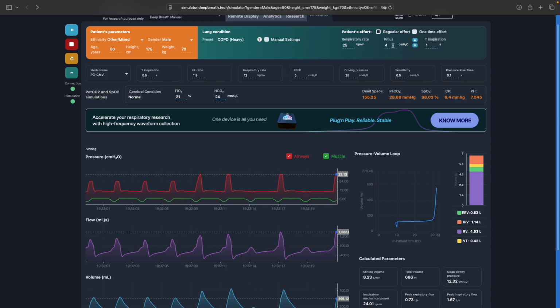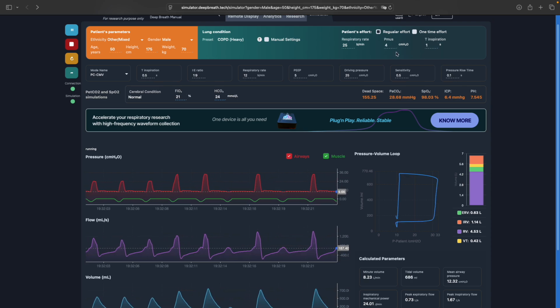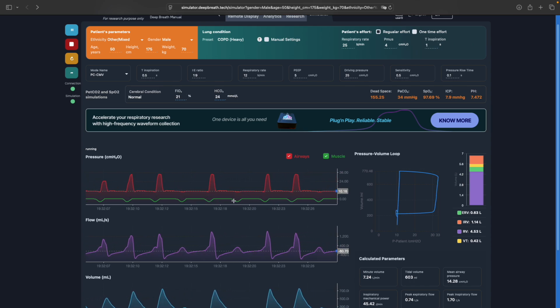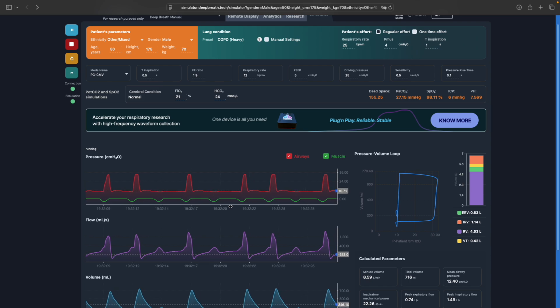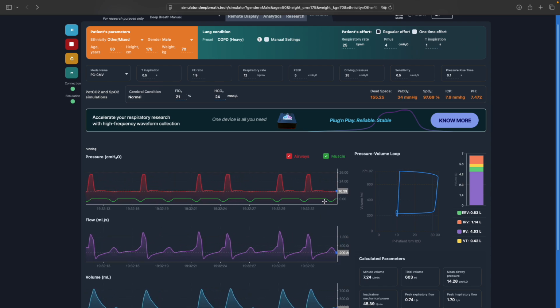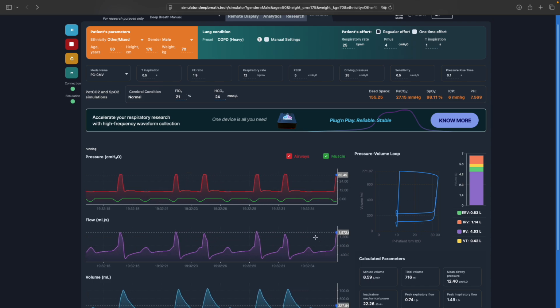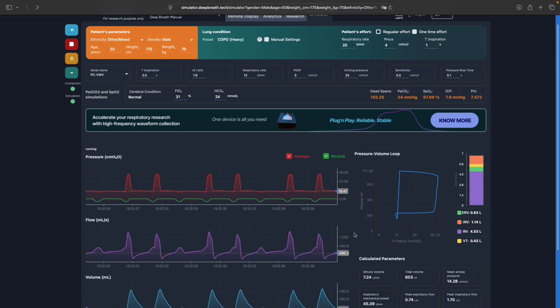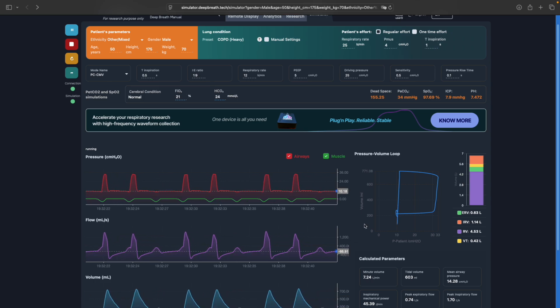Patient effort stayed the same, nothing changed, but now we have regularly failed triggering cycles, because during the expiration phase there is not enough time for the patient to exhale all air out of the lungs.